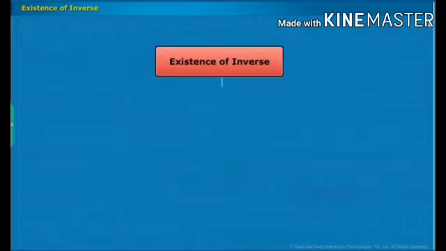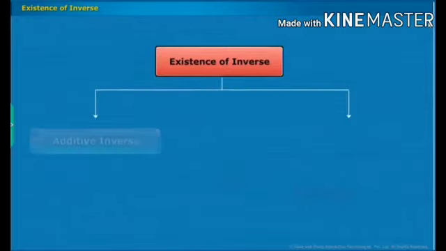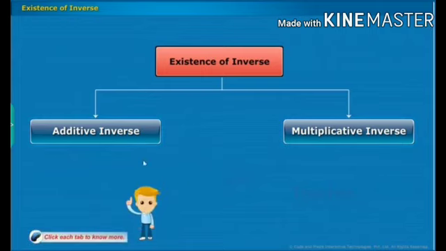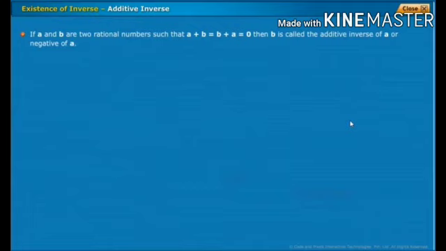Next, existence of inverse. There are two types of inverse, additive and multiplicative. Let's see first the additive inverse. If a and b are rational numbers such that a + b = b + a = 0, then b is called the additive inverse of a, or we can say it is the negative of a.